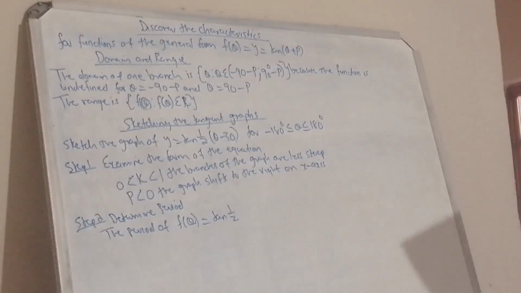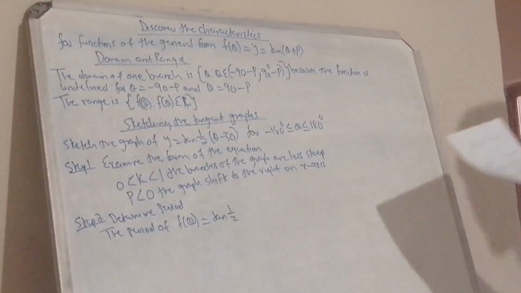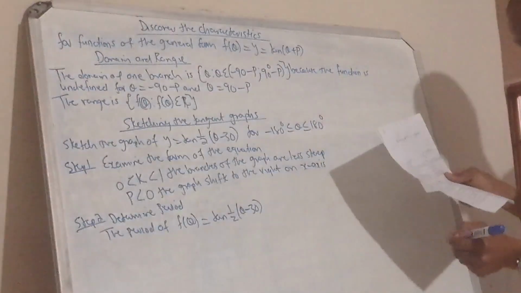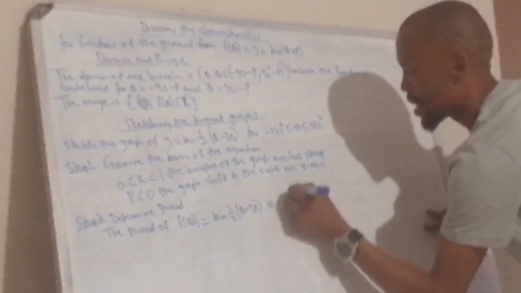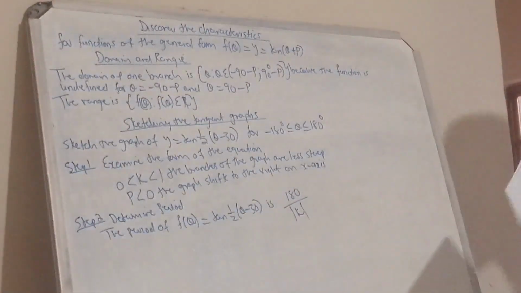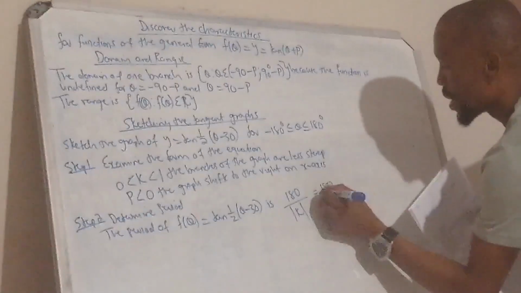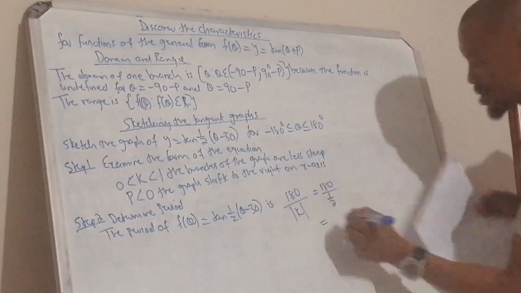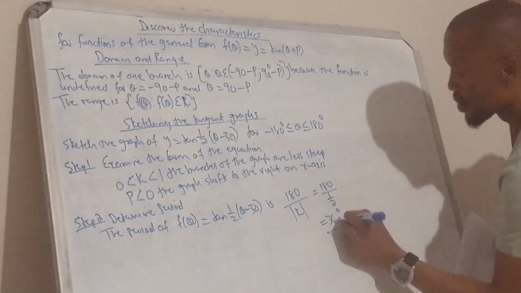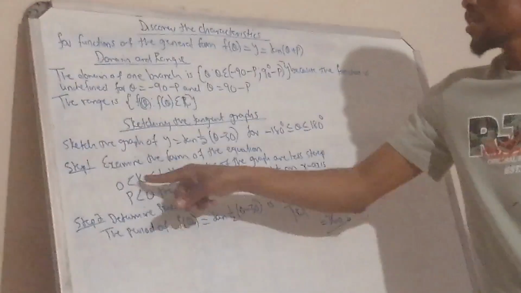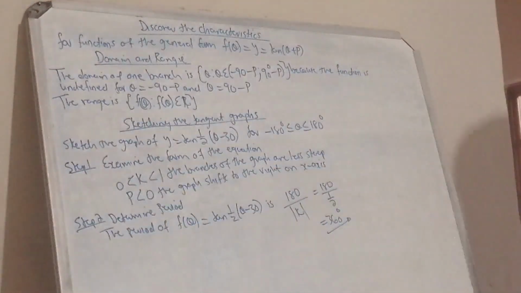The period of f(theta) equals tan of 1/2 theta minus 30 degrees is 180 divided by the absolute value of K. 180 divided by 1/2 is 360. So the period increases. The period of the function increases if the value of K is between 0 and 1.